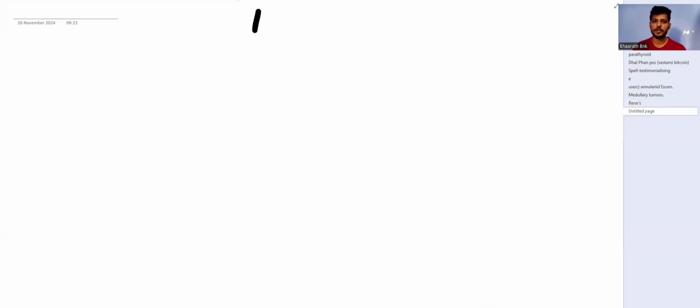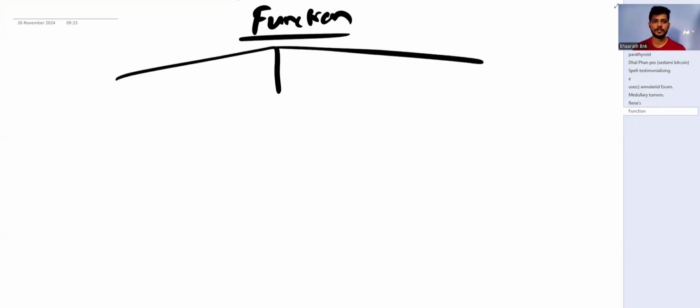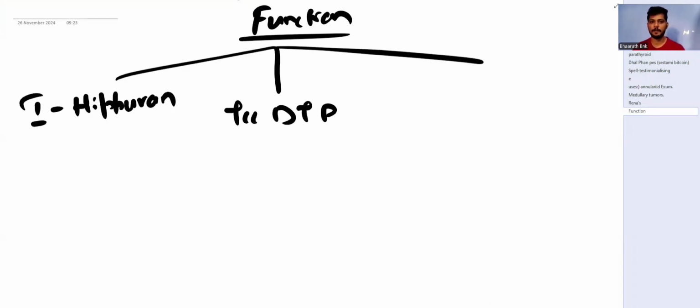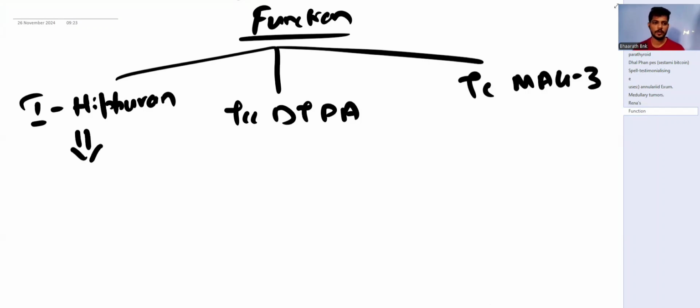Now, when it comes to function, there are three isotopes that are used. One is iodine labeled hippuran, or it can be technetium labeled DTPA and technetium labeled MAG3. Iodine labeled hippuran is used to assess renal plasma flow.